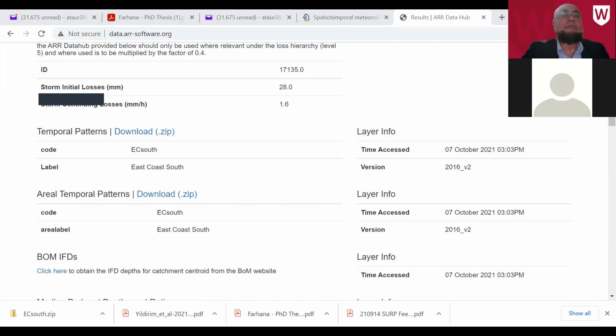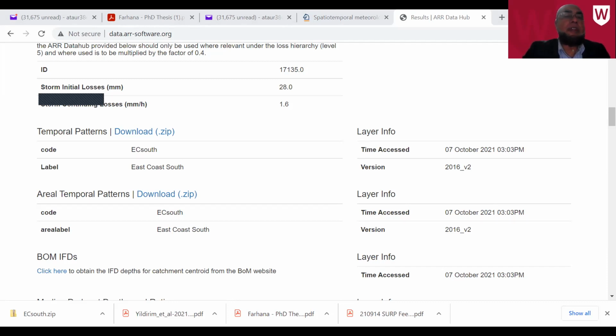You can see here that this is the burst duration, and this is for a particular return period. So this is the temporal pattern data.